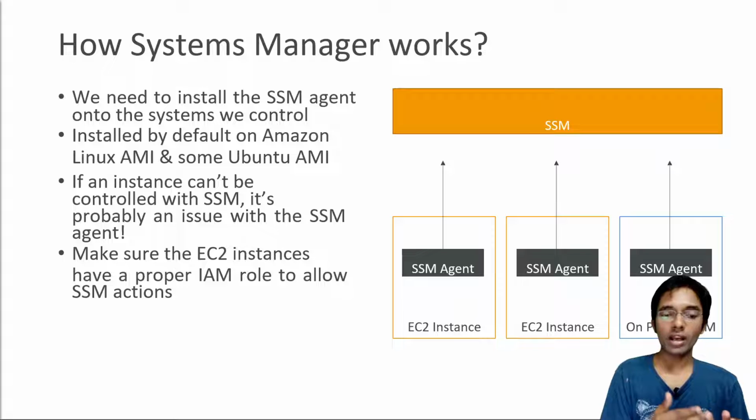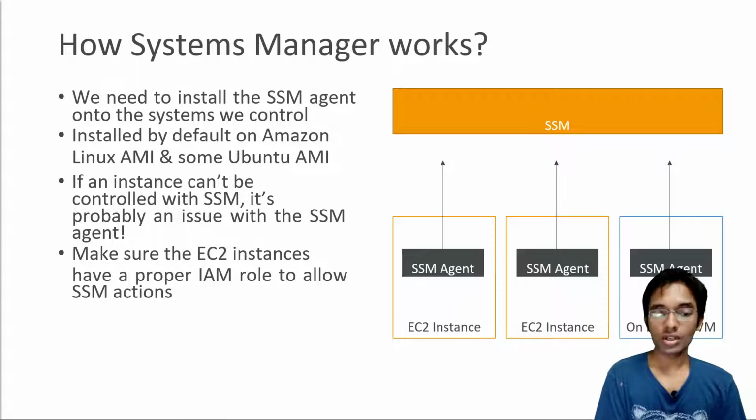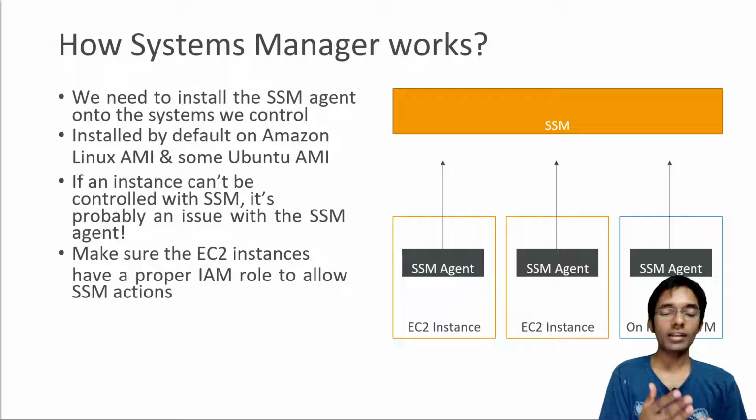If you have an issue with an instance that cannot be controlled by SSM, that's probably an issue with the SSM agent. Either it's badly configured, or we haven't made sure that the EC2 instance has a proper IAM role to allow SSM actions.